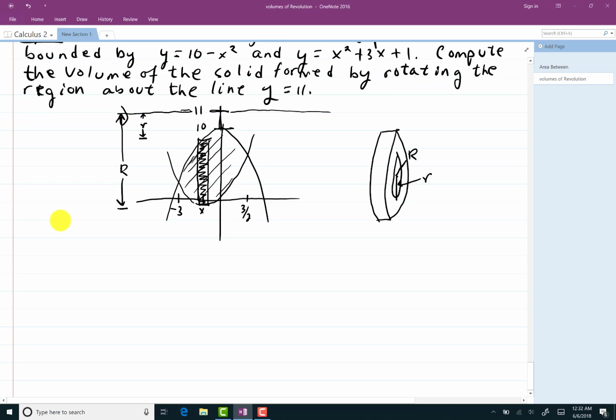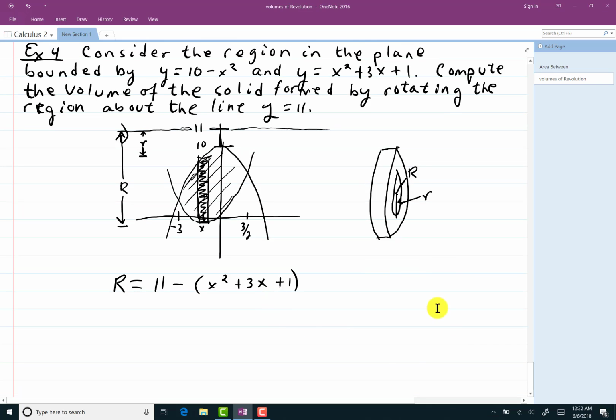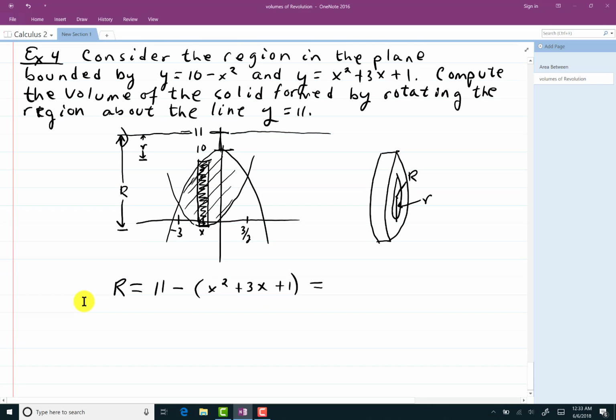So capital R is going to be the distance from a height of 11 down to these y values, which is the graph. What is this graph that bottoms out there? That was x squared plus 3x plus 1. So you'll have 11 minus x squared plus 3x plus 1, and I'll simplify that a little bit. We will get 10 minus 3x minus x squared.